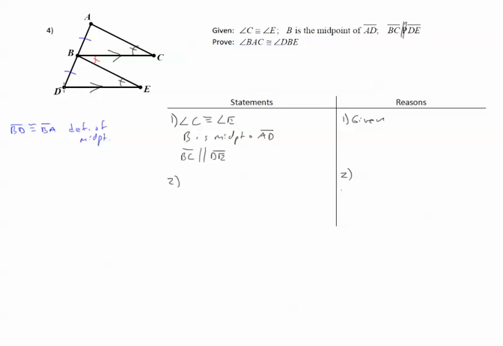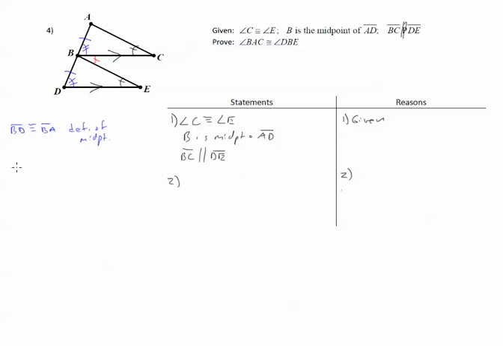On transversal AD, I have angle ABC corresponding with angle BDE. So now I have one side, an angle, and another angle. And I can make the statement then that those triangles are congruent.